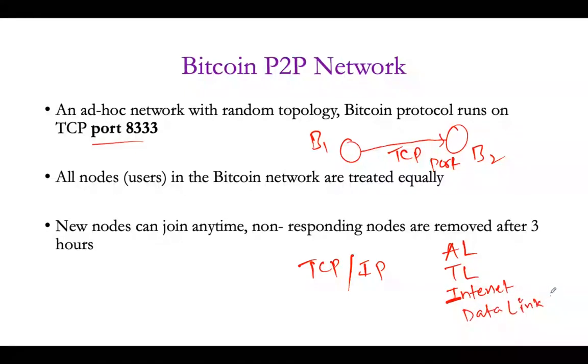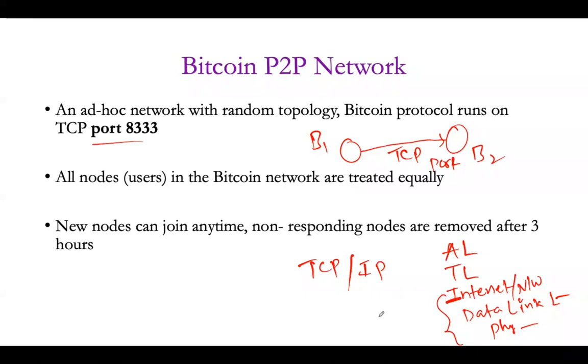Data link layer, which is followed by your physical layer. So, if you talk about the internet layer or network layer, the data link layer and the physical layer, they are connected physically.